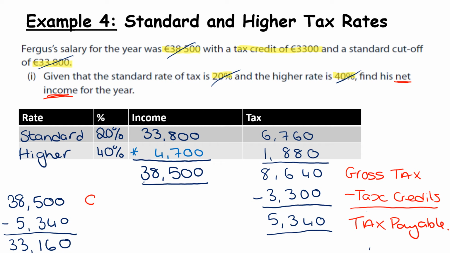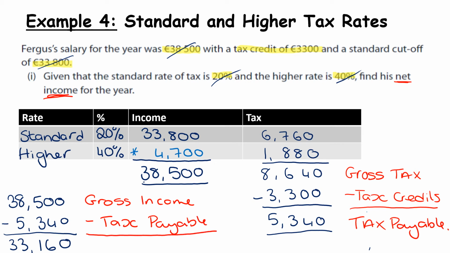I'm going to label this. So this is gross income. We then took away his deductions, which in this question was just the tax. So it's the tax payable, and this gives us net income. And that is the final answer. I'll just put a euro symbol on it.